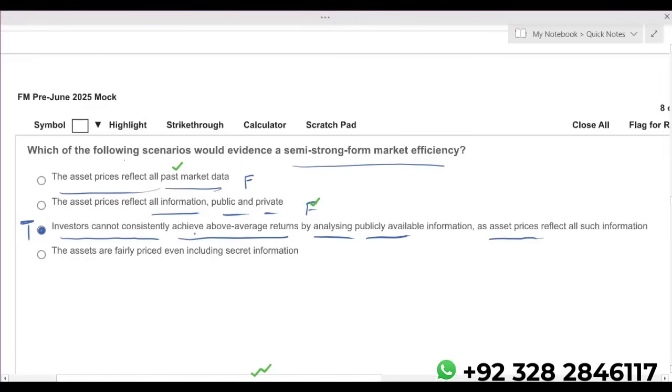The assets are fairly priced, even including secret information. Can I say false? Point number 4 is also hinting towards a strong form efficiency. The examiner has not asked us the strong form. The examiner has asked us the semi-strong market.